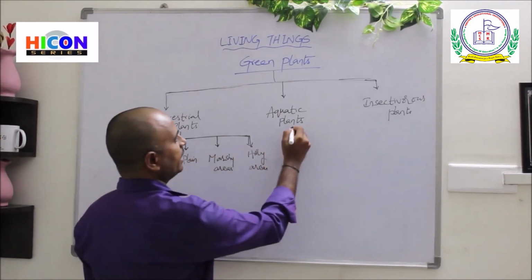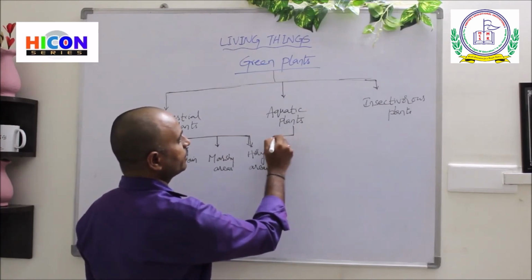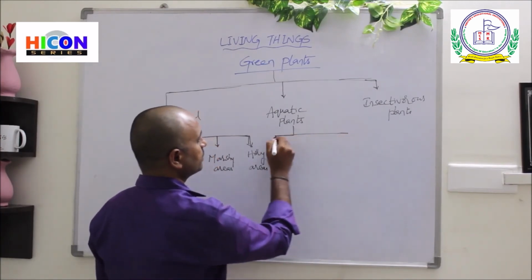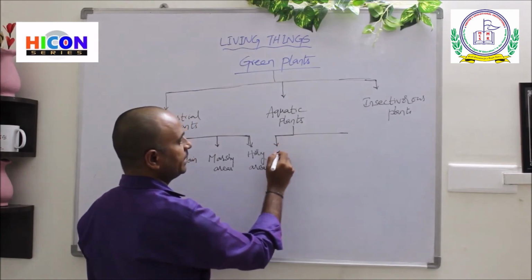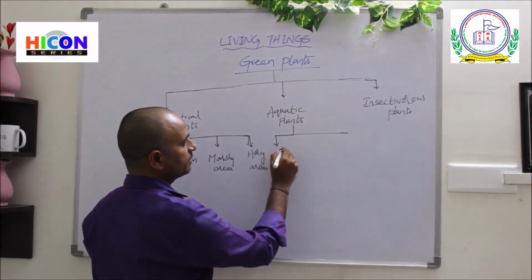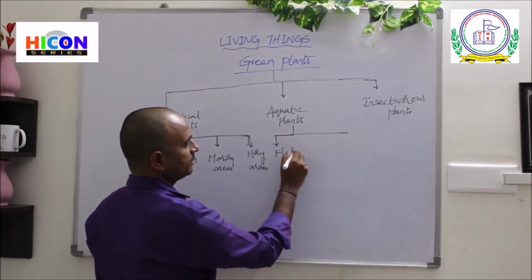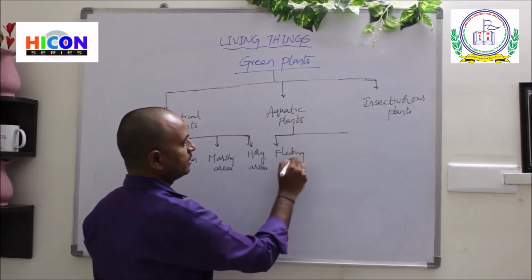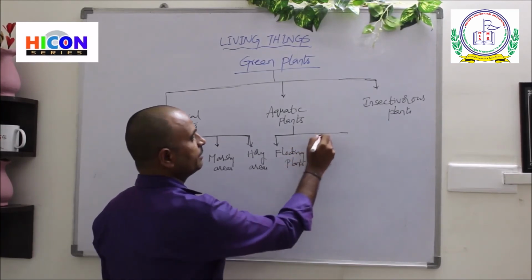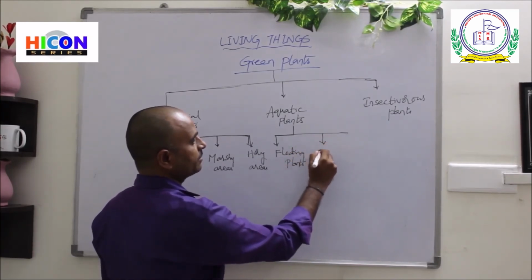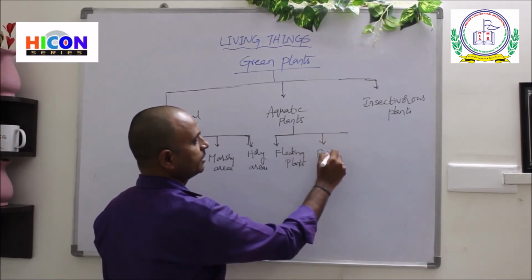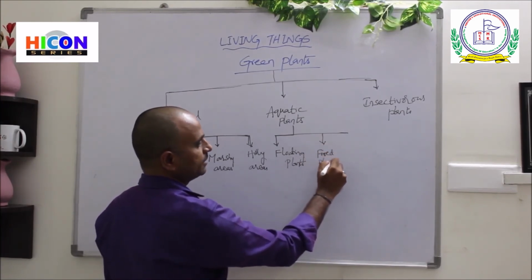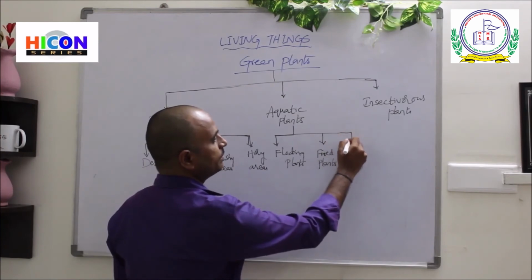And again, aquatic plants are divided into three types. The first type is floating plants, the second type is fixed plants, and the third one is submerged plants.